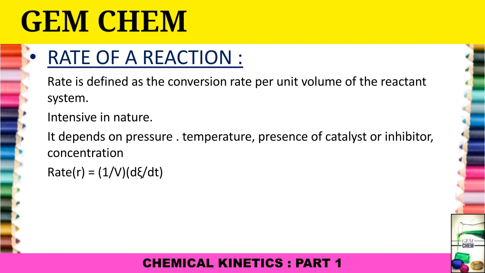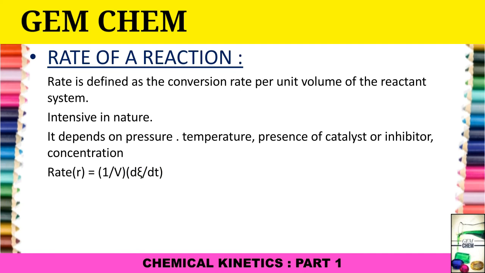You can watch it. Now this particular rate of reaction depends on the pressure, temperature, presence of catalyst or inhibitor, and concentration. Now this rate, as I have told you, is a conversion rate per unit volume. So this is 1 by V, and differentiation with respect to time of extent of reaction.